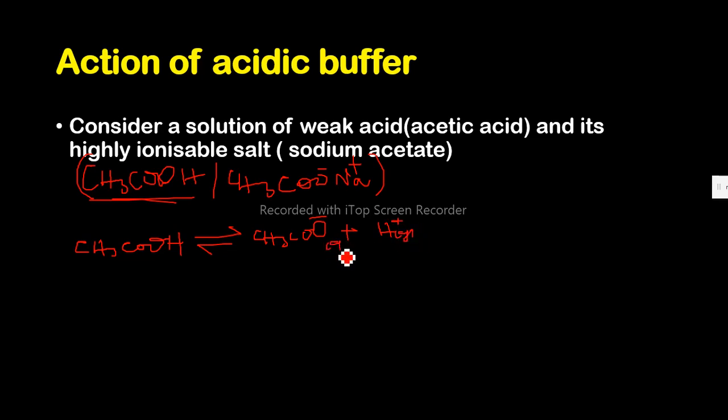Don't mind my symbols, but they should be looking nice. Then our conjugate salt, or our conjugate base, being a strong electrolyte, will dissociate fully. It will ionize fully to give us acetate ions.